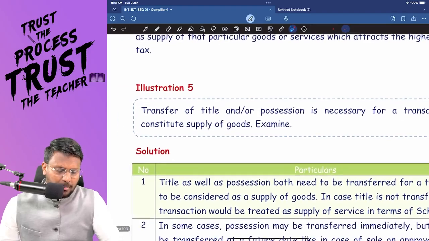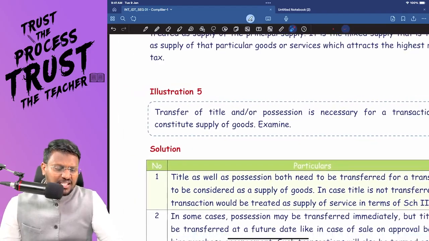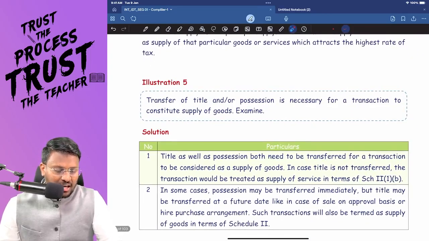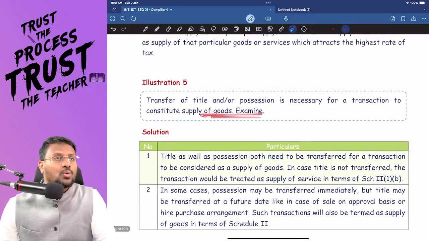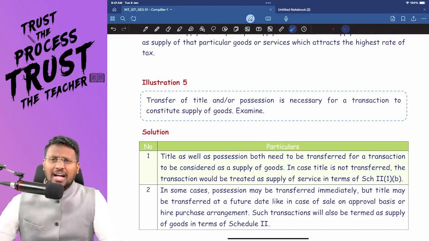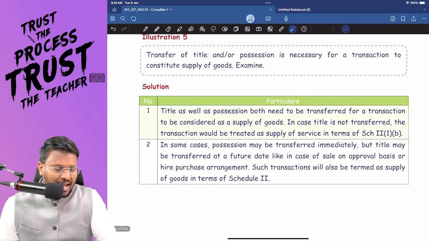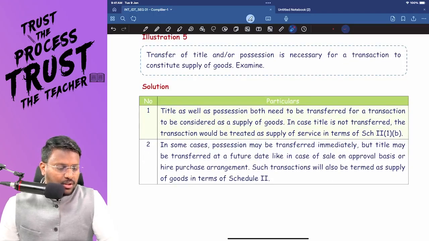Coming to illustration number 5: transfer of title or possession is necessary for a transaction to constitute supply of goods. Examine. If you transfer the title, then only will a transaction or activity be treated as supply of goods. Is it right? Title as well as possession both need to be transferred for a transaction to be considered as supply of goods.